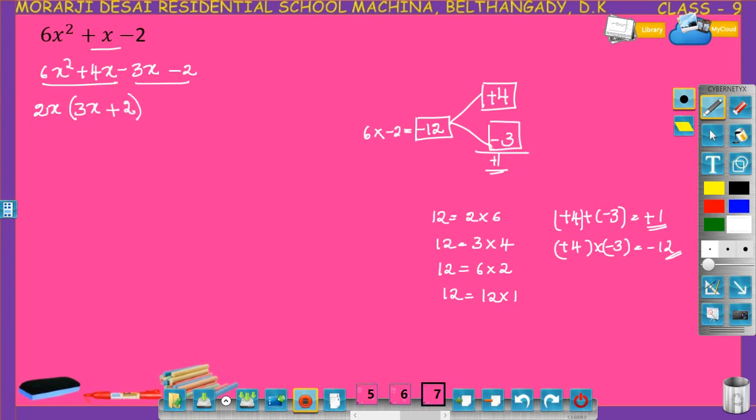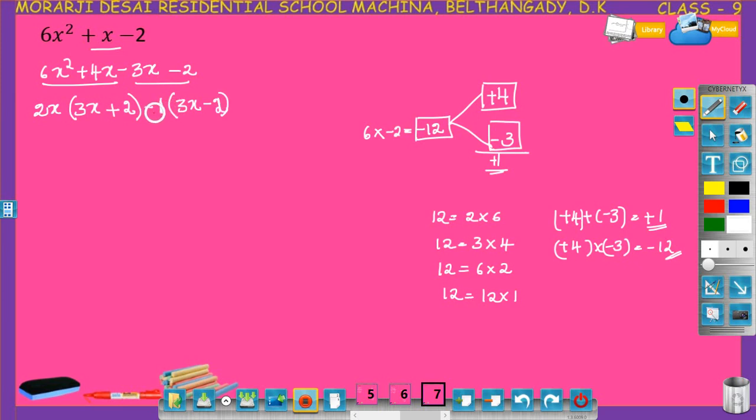So 2x into 3x plus 2. Check once here. 2x into 3x is 6x square. 2x into 2 is 4x. Now minus, here it is minus, so write here also. In 3x and 2, 3 and 2 are divisible only by 1. So write 1 outside. If I write 1 outside, inside the bracket 3x, and if I take 1 outside of 2, that is 2.